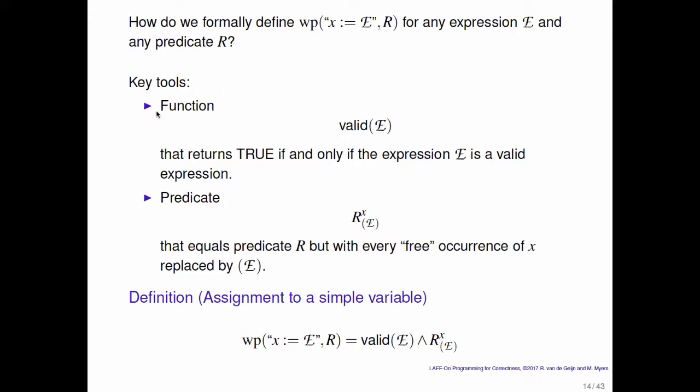The definition then of the weakest precondition of the expression e being assigned to x, leaving you in a state where r is true, is defined as: the expression must be valid, valid of e, and the predicate r with every free occurrence of x replaced by the expression e.